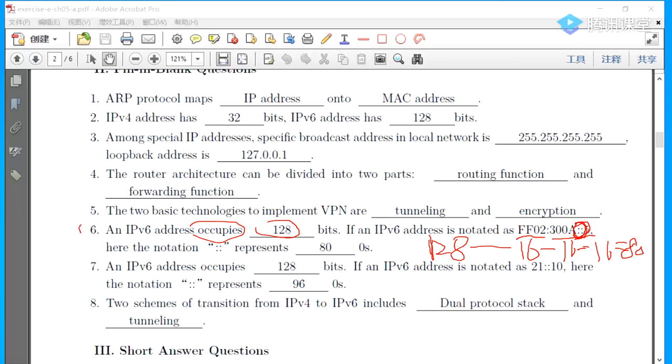This is question 6. It's very easy. Why does the 5 occupy 16 bits? The 5 here means 0005 by itself.